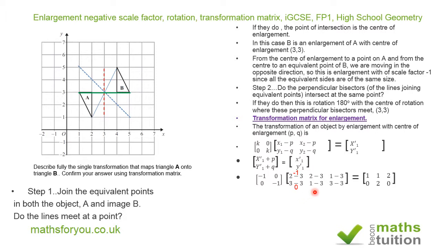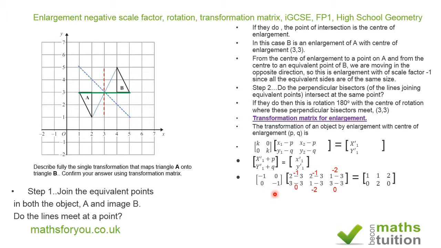For the point 2, 1 on the object, we subtract 3 from 2, and we end up with -1 again, and subtract 3 from 1, and we end up with -2. At the point on the object 1, 3, we subtract 3 from 1, and we get -2, and we subtract 3 from 3, and we get 0.